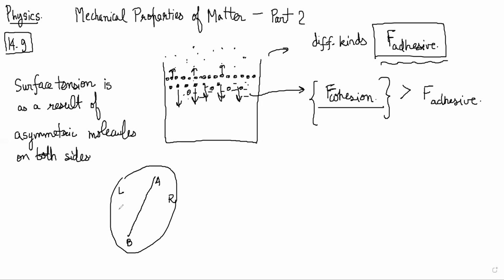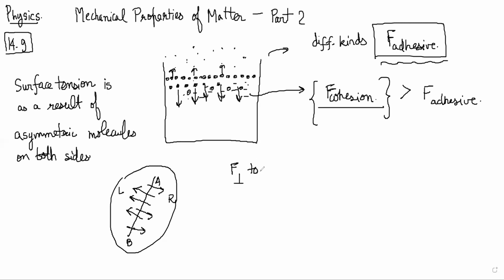It is found that the two halves will pull each other with some force. The left half pulls the right half, and the right half pulls the left half, which are equal and opposite forces according to Newton's laws.